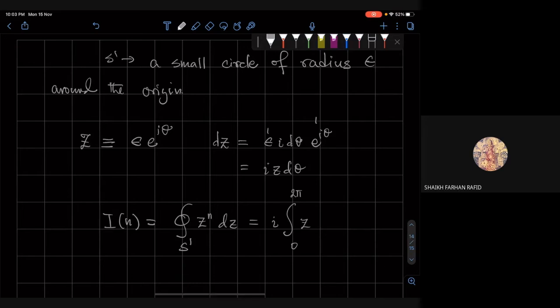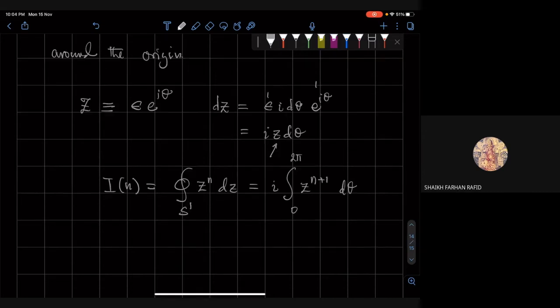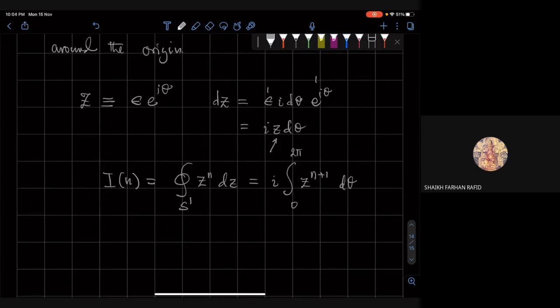The integrand was z to the power n, but now we have a contribution z from the measure, so it becomes z to the power n plus 1, and then we have d theta, right? Okay, so do you agree? Yes, sir.